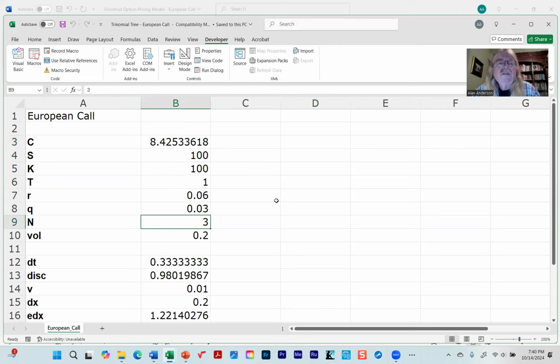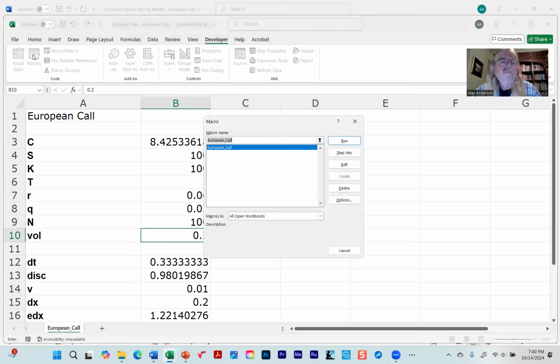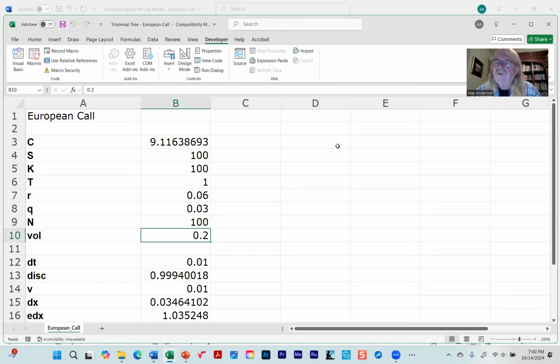So what we might discover here is that if we keep increasing this, let's say to 100, it should get progressively closer to the true value, which if I remember correctly, was like 913 or whatever. We can go look it up, but this is the same example we had last time.